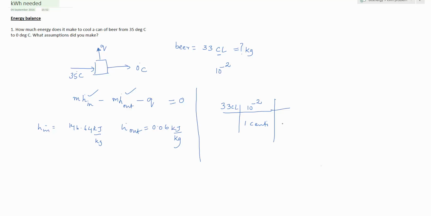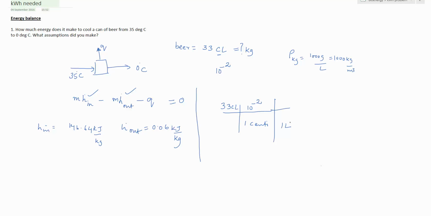And then 1 liter, we need a conversion between liter and mass, which is the density of water. The density of water is 1000 grams per liter, or 1000 kilograms per meter cube in SI units.